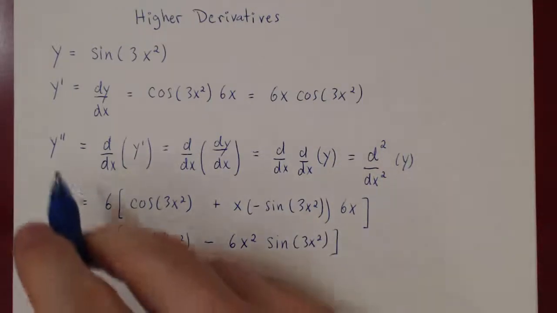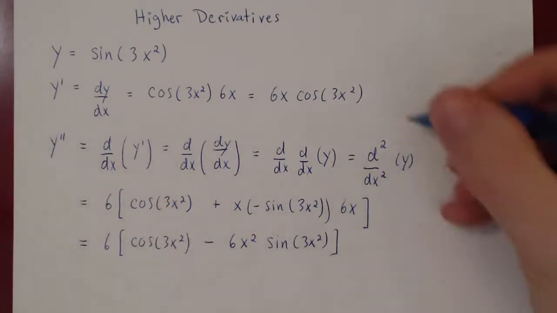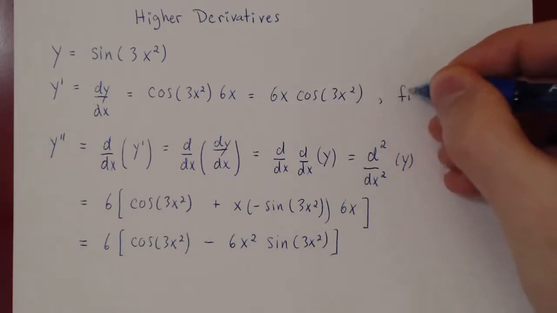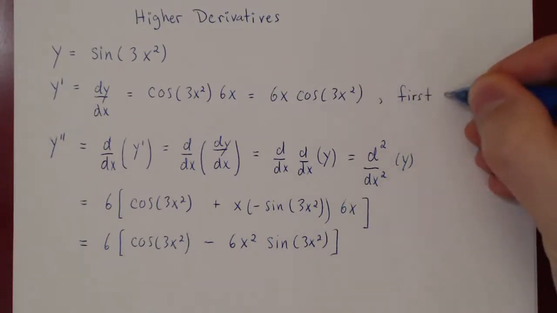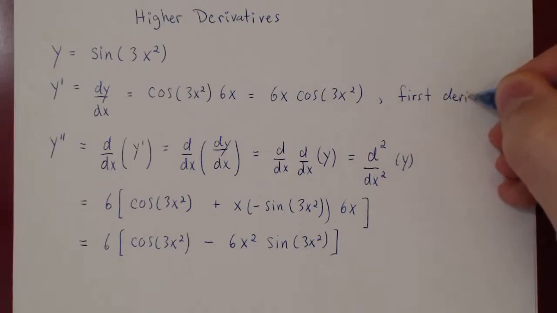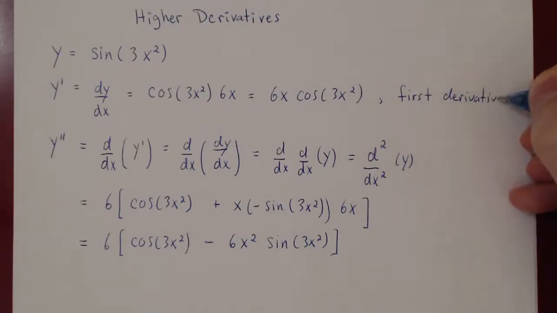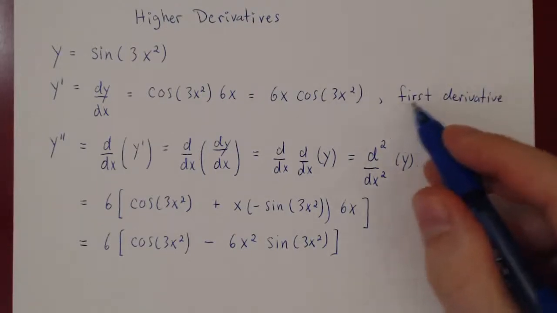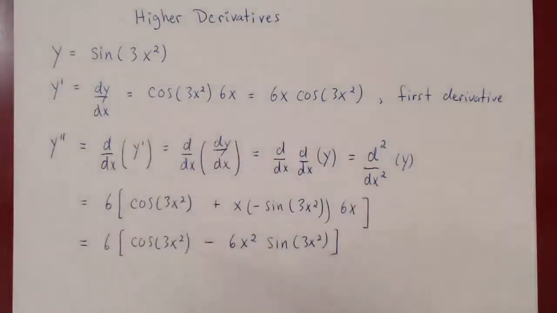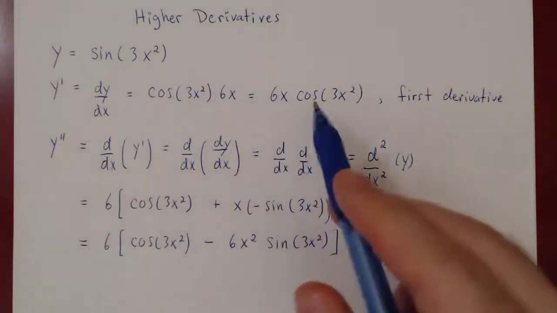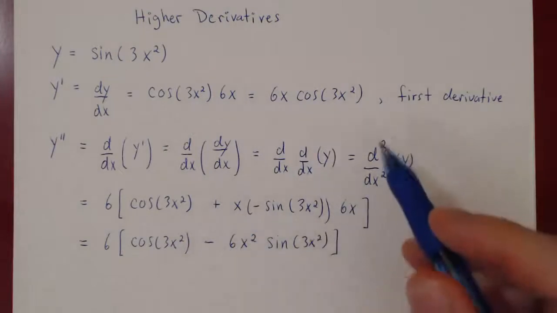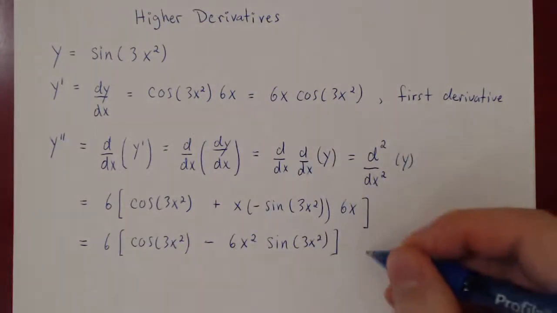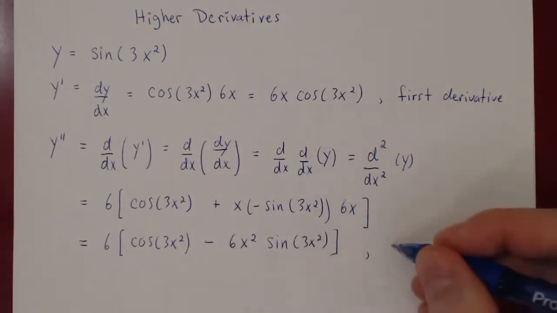And now we have the so-called second derivative. This is the first derivative, which means that we have differentiated y only one time. Now we have taken the derivative of the derivative, so we have differentiated y two times. And this is called the second derivative.